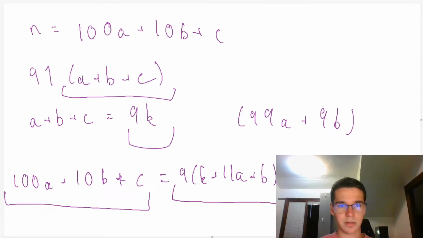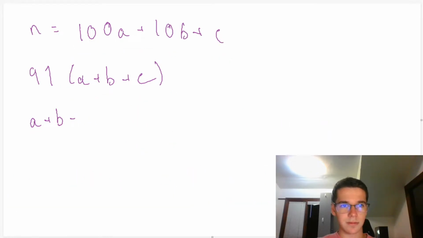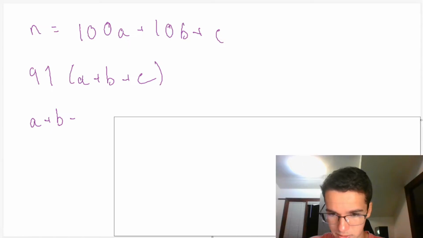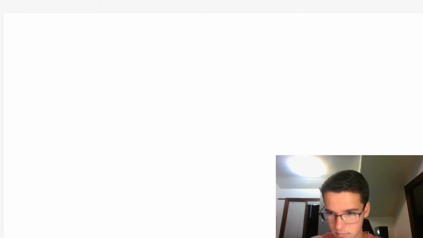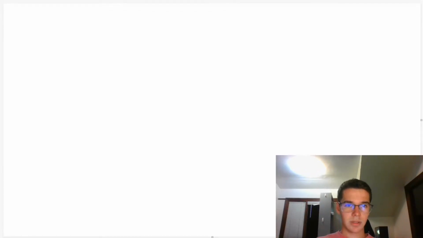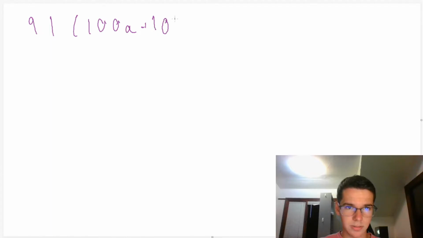But now we want to show the converse, and it looks like I'm going to have to make another page again. What we want to say is, if it's true that 9 divides 100a plus 10b plus c, then it must be true that a plus b plus c is divisible by 9.